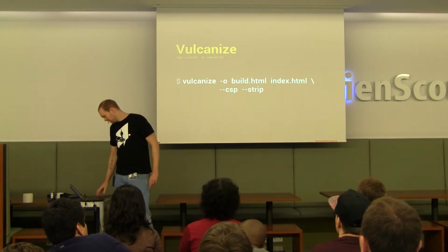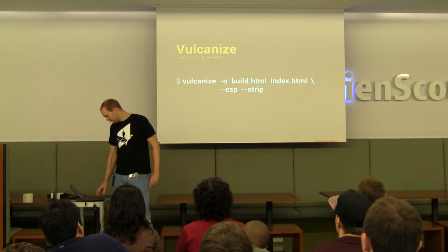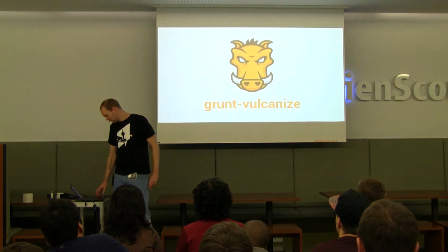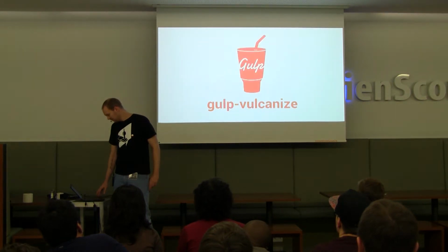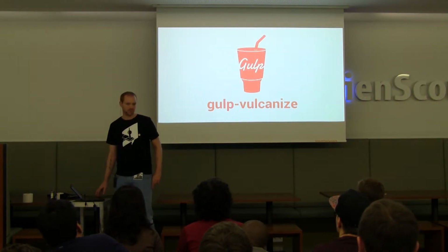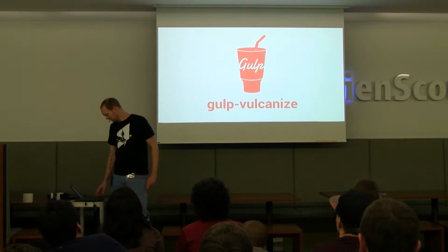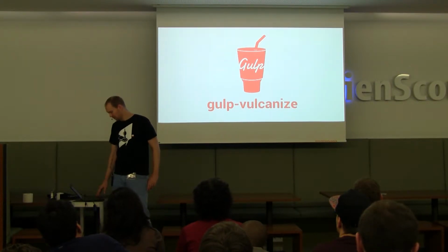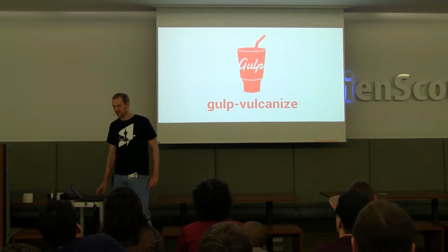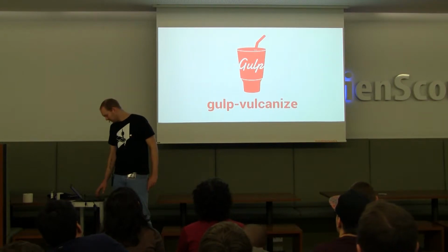You can use Vulcanize on its own, or you can use it with Grunt or Gulp. For both of these tools, Vulcanize is available, and it is highly recommended that you use it if you use web components or Polymer.